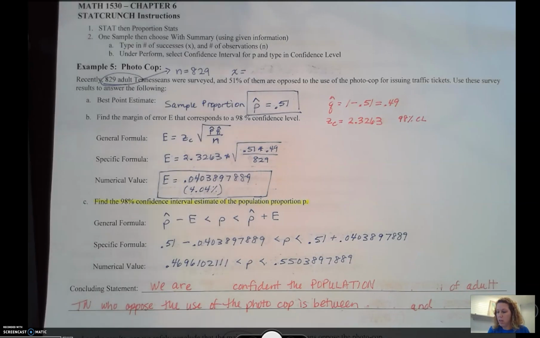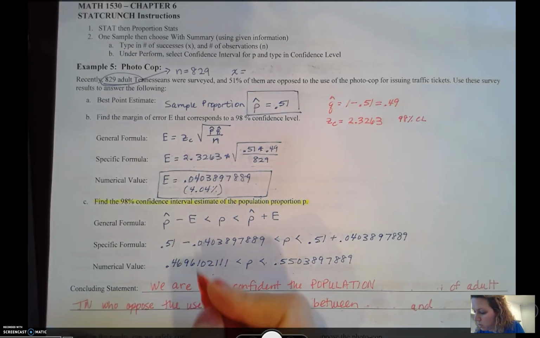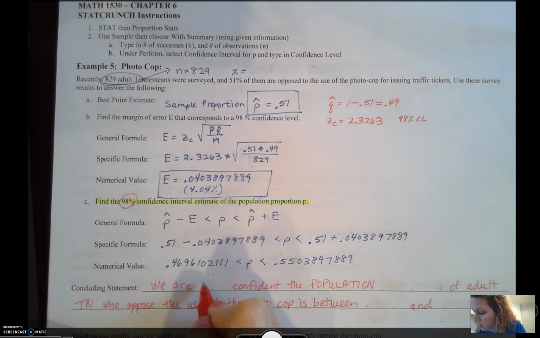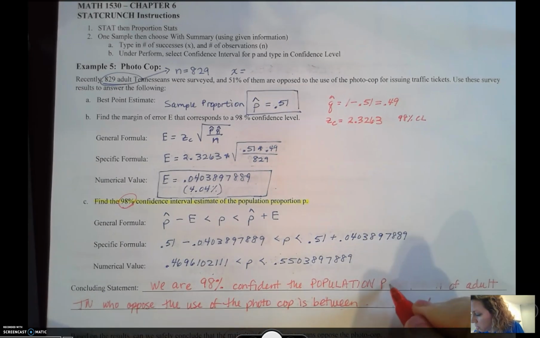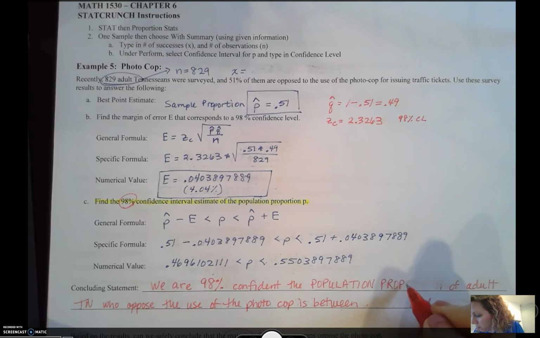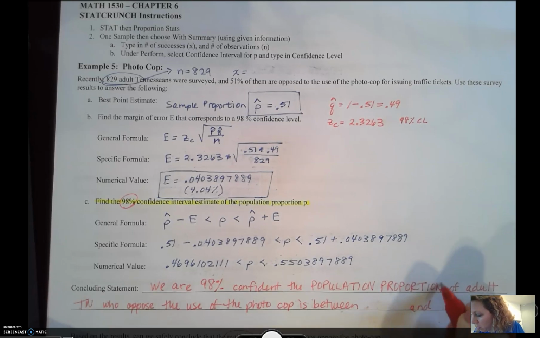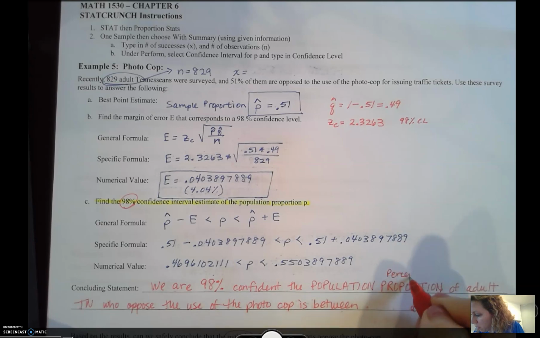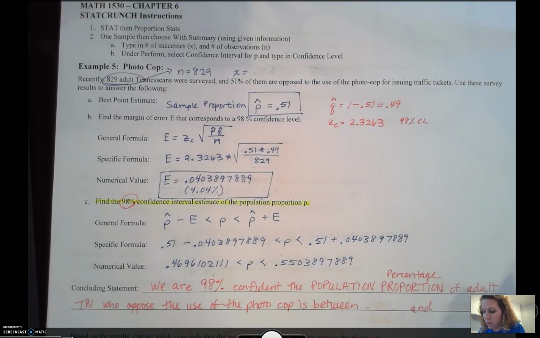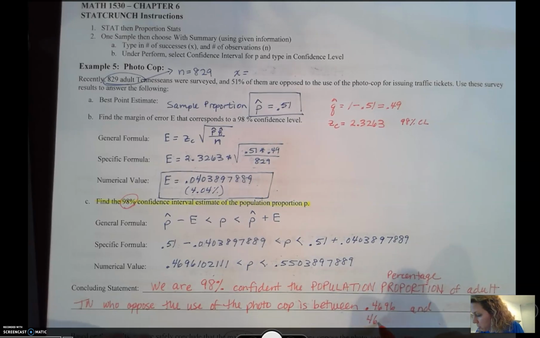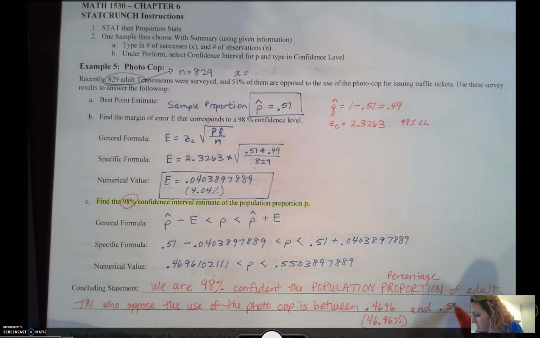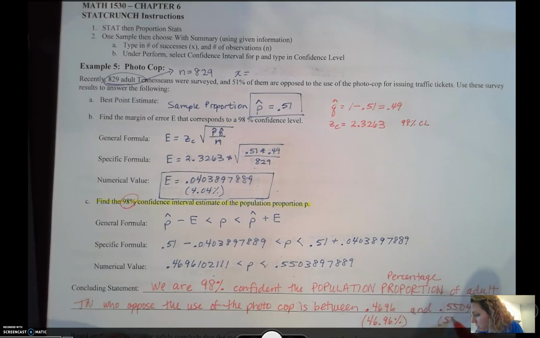So we have to state how confident we are. Well, in this problem, it says we're at a 98% confidence level. So we are 98% confident that the population proportion, you could also say percentage, the population percentage of all adult Tennesseans who oppose the use of the photocop is between, and this is where I'm going to round, 0.4696, which is 46.96%, and 0.5504, or 55.04%.